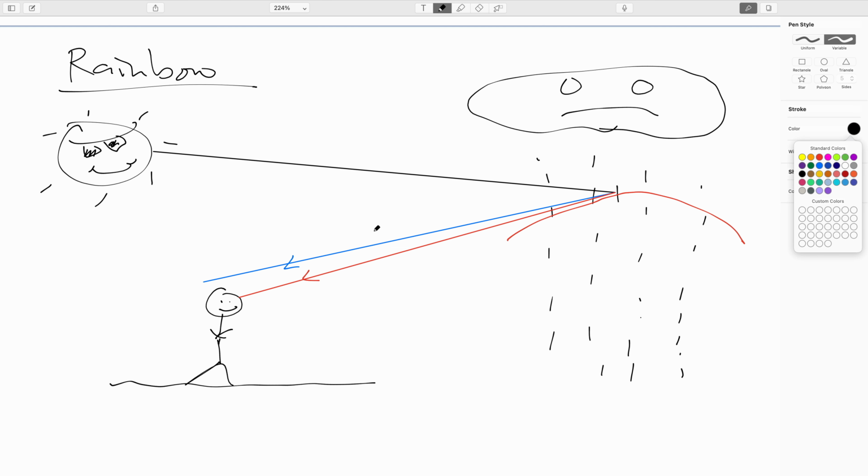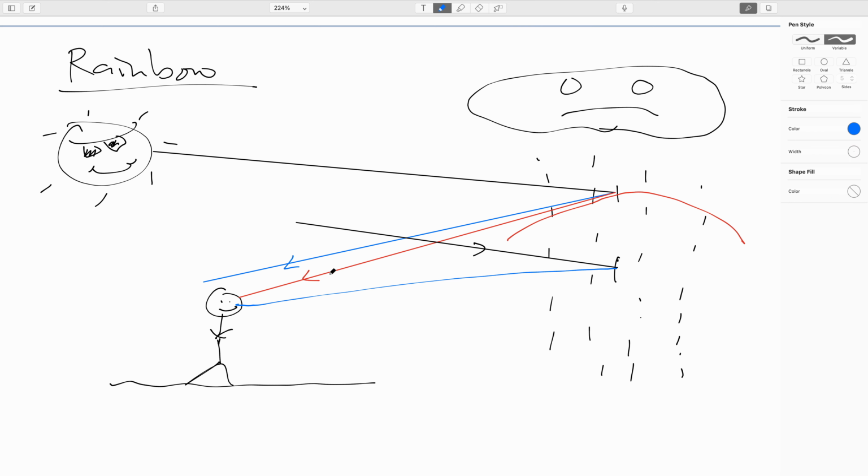Now, if we look at some parallel ray of light that strikes a little lower, because remember, the sun is so far away, the rays of light are effectively parallel. Again, it hits some random raindrop like so. And again, it'll be the same deal, except here, it's going to be the blue light that's scattered into your eye.